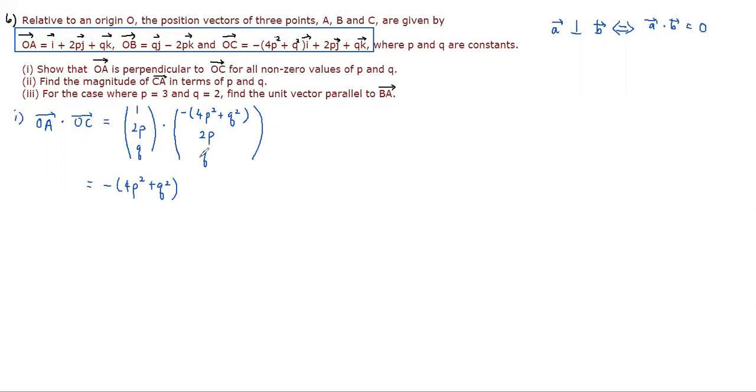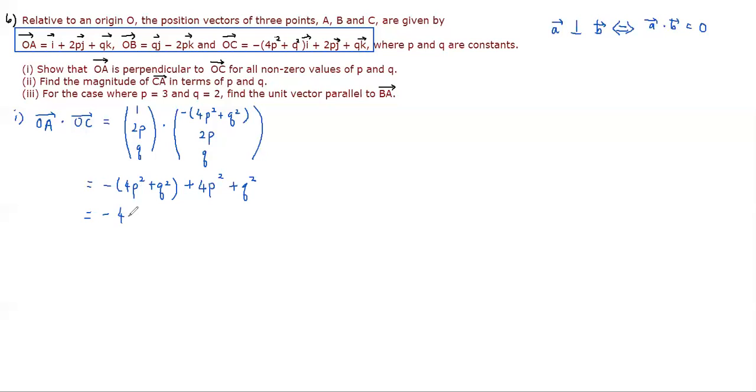The components of vector J, you will have the product of 2p and 2p, which results in 4p squared. And the product of components of vector K, you will have the product of q and q, which is q squared. So simplify the above line.